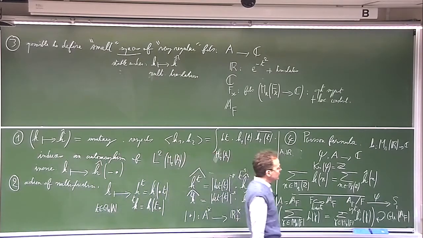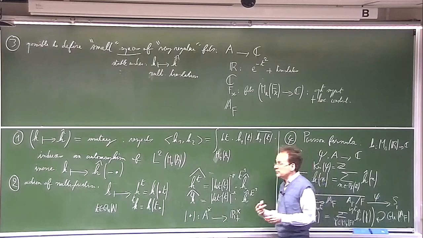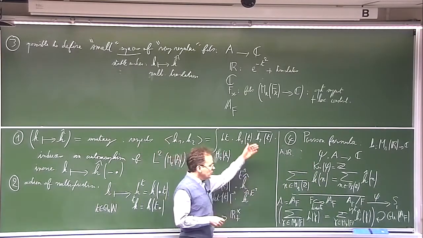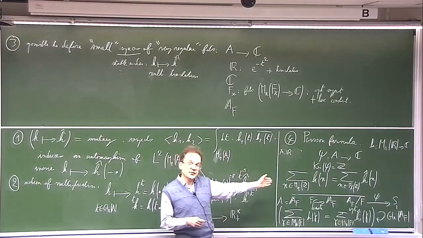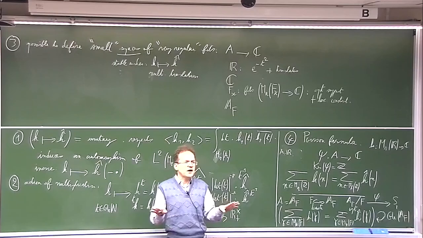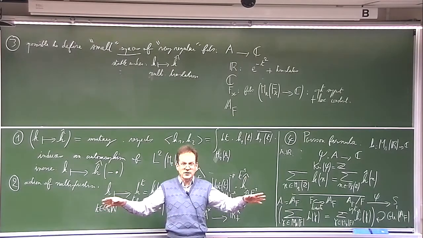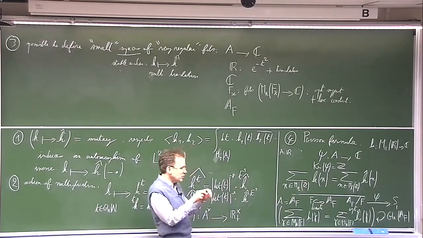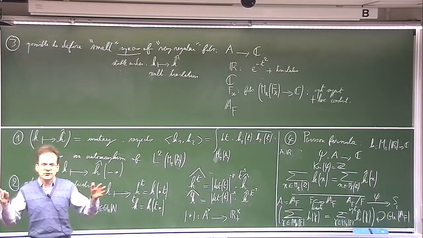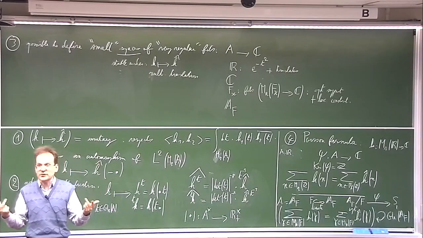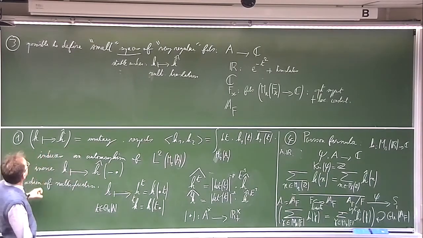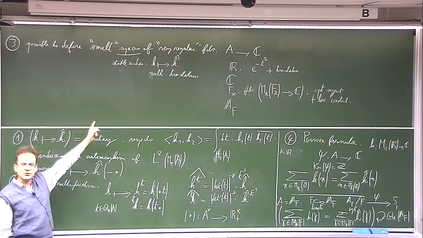In fact, I should stress that, once again, this whole story I have said is equivalent to the possibility to define the L functions first locally. I should say, for number theorists here, that the definition of the so-called local factors of L functions is equivalent to the definition of these small spaces of regular functions.